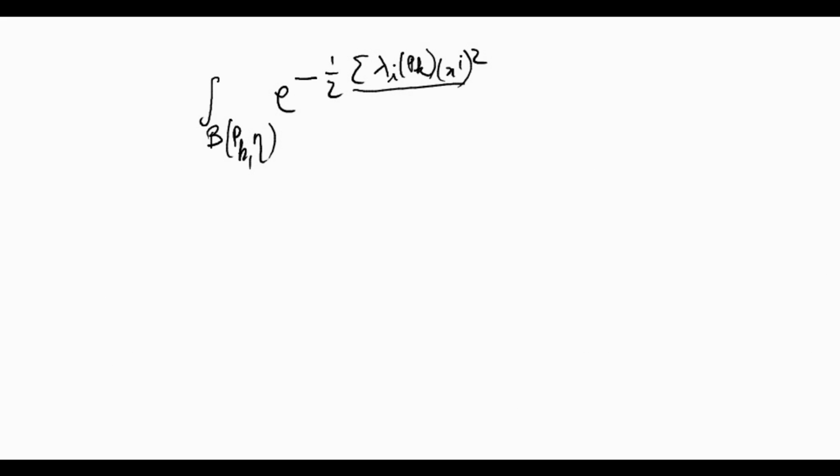We would like to calculate the integral over a ball of radius eta around any of these points p_k of exponential of minus 1/2 of the sum of lambda_i, which are the eigenvalues at point p_k, x_i squared divided by epsilon, dx_1 ... dx_n. So here we can approximate this ball by squares so that we can do the integral.